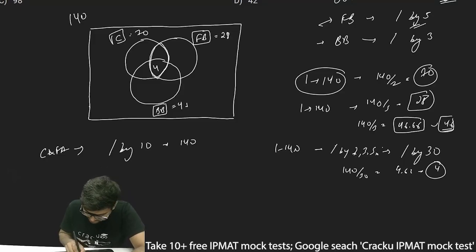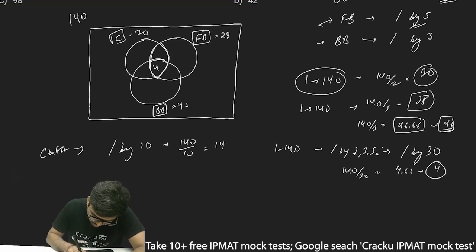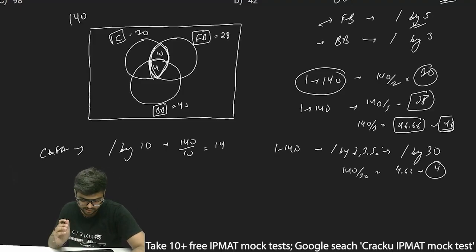So 140 divided by 10 is basically 14 students who are playing both cricket and football. Now there are 4 students who are playing all 3 sports, and this entire thing is 14. So this I can write, this will be 10, because there will be 4 students who are playing all 3 sports, and 10 who are just playing cricket and football. So there are 14 students who are playing cricket and football.